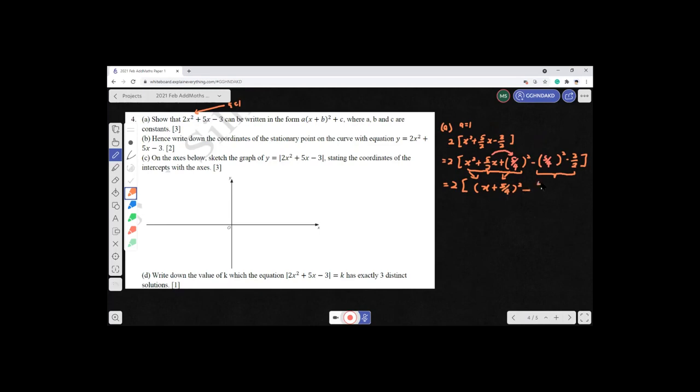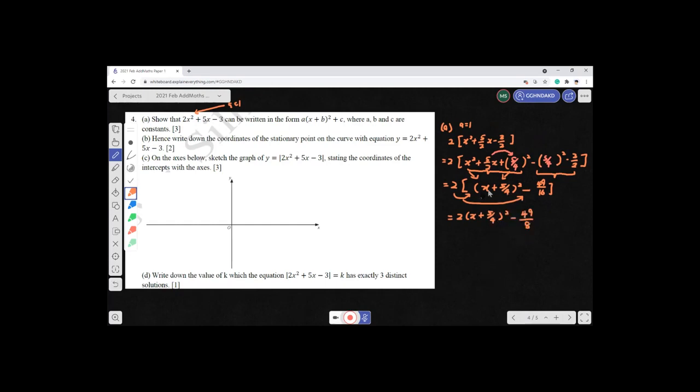So I get minus 49 over 16. Then I times the 2. 2 I times here, 2 I times behind. So I will get 2 bracket x plus 5 over 4 squared minus 49 over 8.